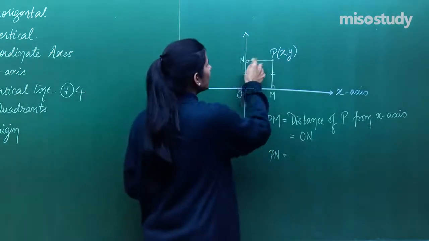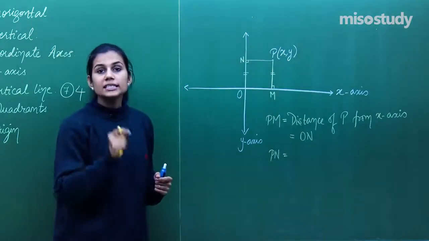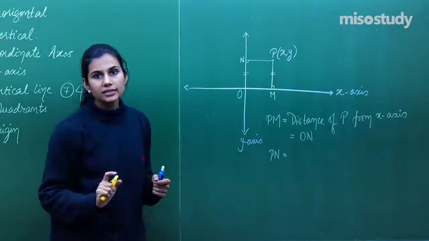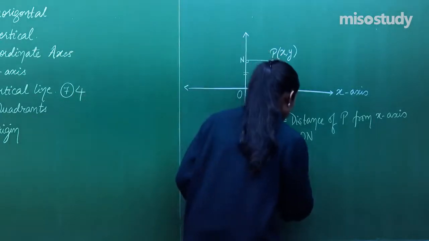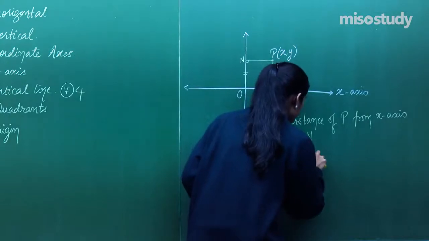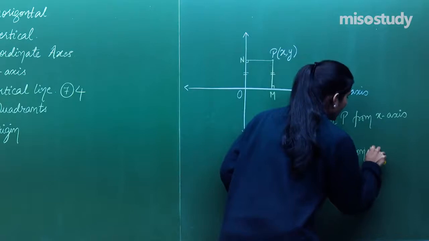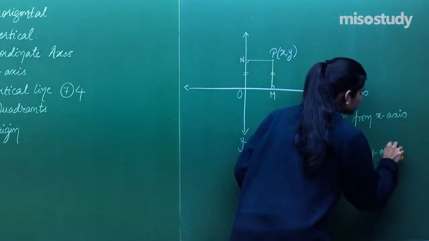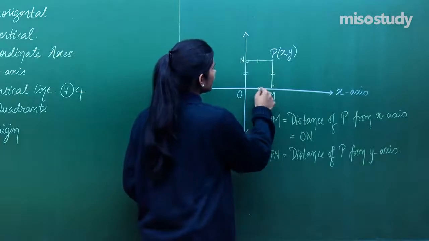So the length of the line segment joining P and N is called the distance of point P from the y-axis. Clear? And you know that PN is the same as OM.